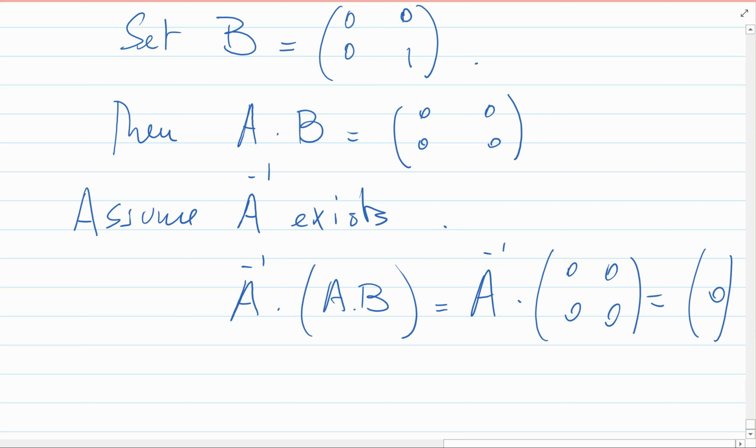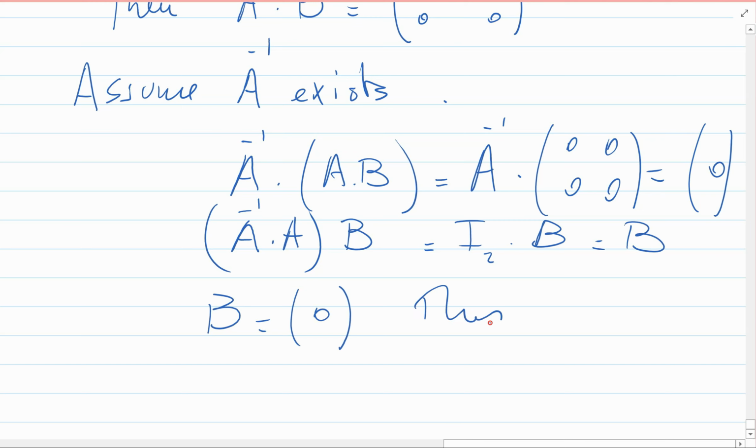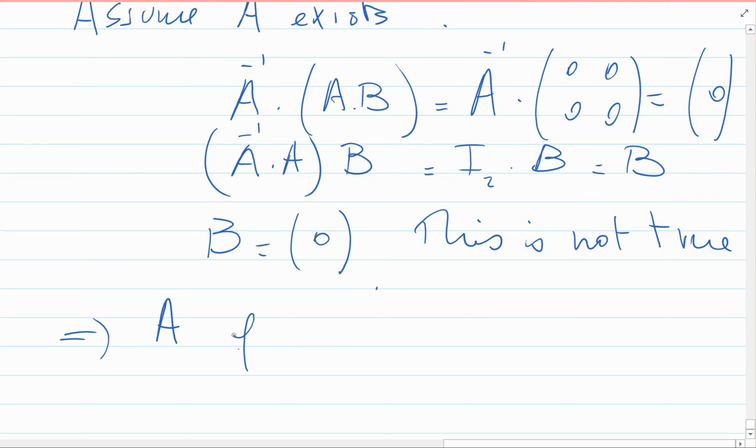And now we use the properties of the multiplication, basically the associativity. We get A inverse times A times B. And what is A inverse times A? That's I times B, and that's B. So in other words, we find that B is equal to the zero matrix. But we know that's not true, because B is not equal to 0. Therefore, A fails to have an inverse.